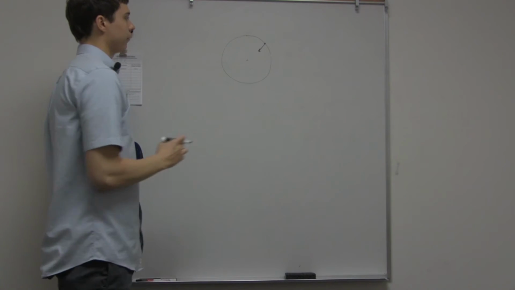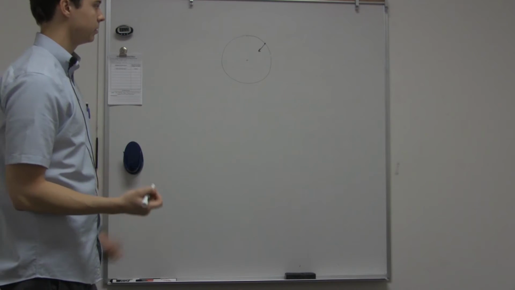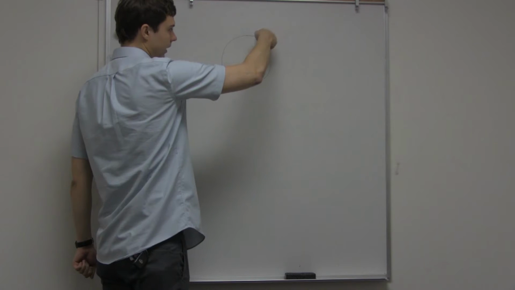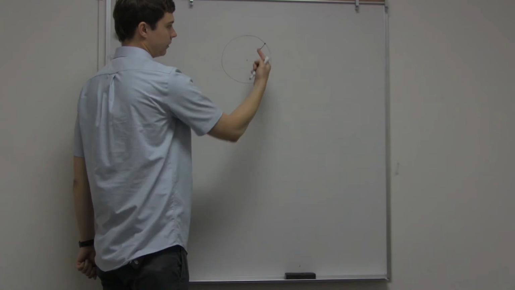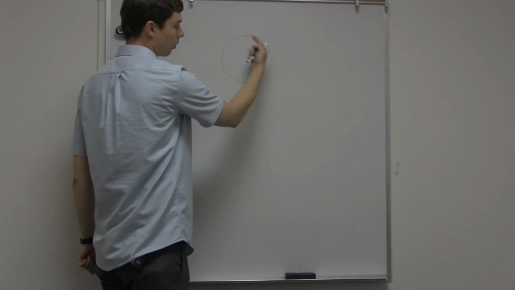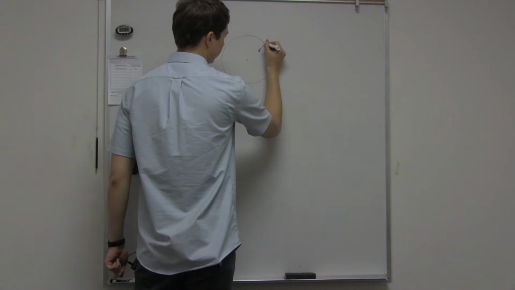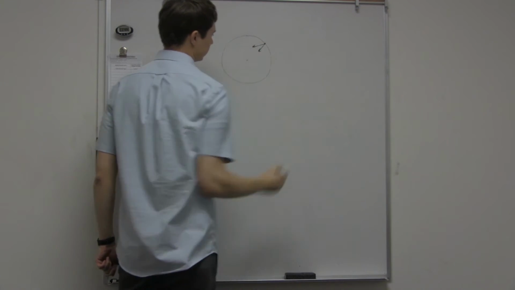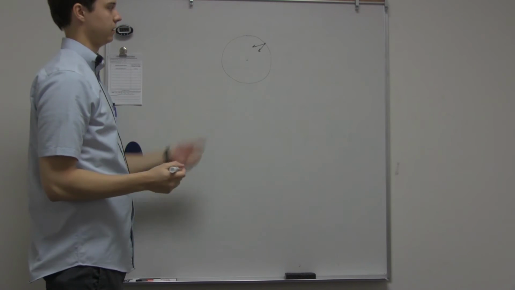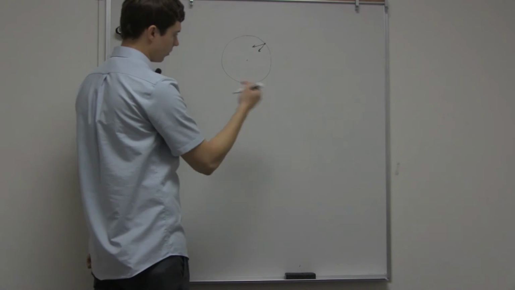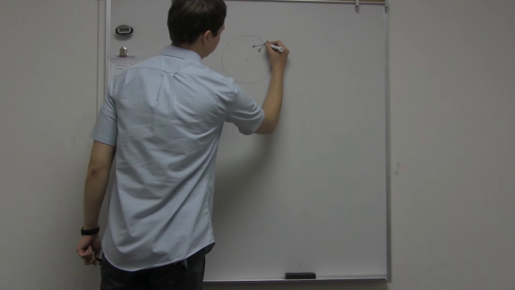If we want it to go around the circle and speed up, then we need a force pointing in to make it turn and a force pointing forward to make it go faster. If we combine those two forces, then we'd expect to see some sort of acceleration pointing in and forward. If we want it to go around the circle and slow down, just the opposite.